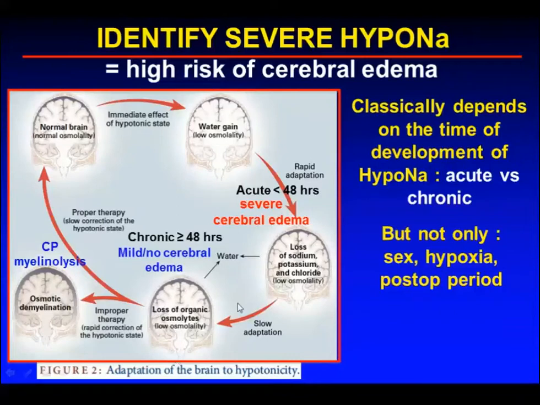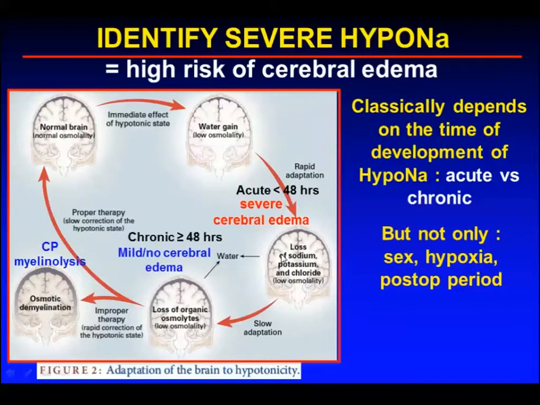But if the trouble continues for more than 2 days, then you will have a very important reduction in the osmotic gradient between both intra and extracellular, and then you will not have a big problem of cerebral edema.